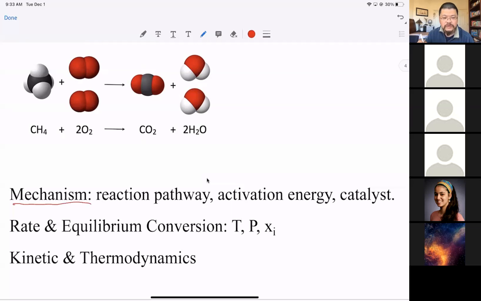And of course, we are also interested in the time-dependent quantity, say, is this a fast reaction or a very slow reaction? This is related to the rate and the reaction kinetics. And for thermal, we shall be able to answer the equilibrium conversion.